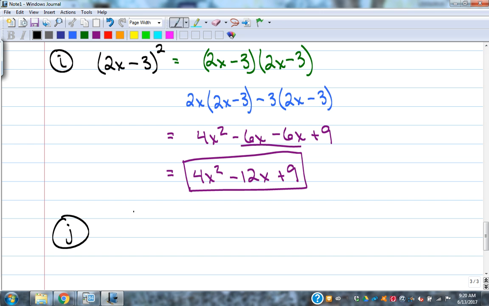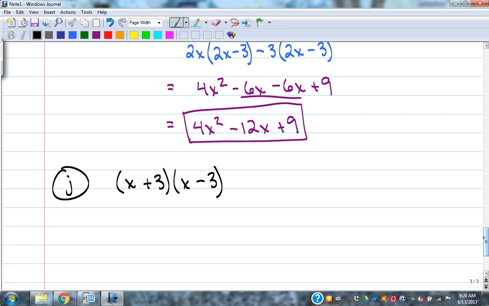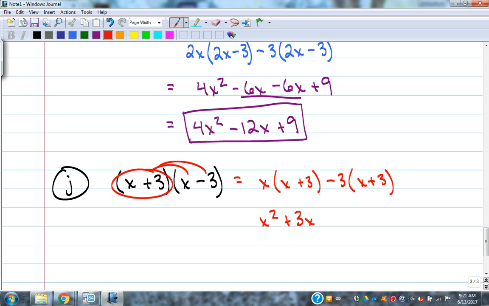All right, so let's look at another one that's fairly easy. It's the same thing again. We're not doing anything different, but it's just a special product because you're taking this times that, and they look very similar. X squared plus 3x minus 3x minus 9.